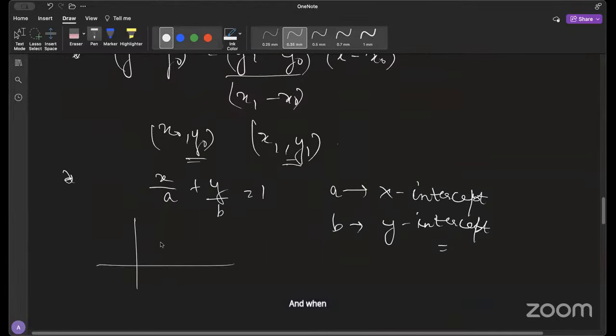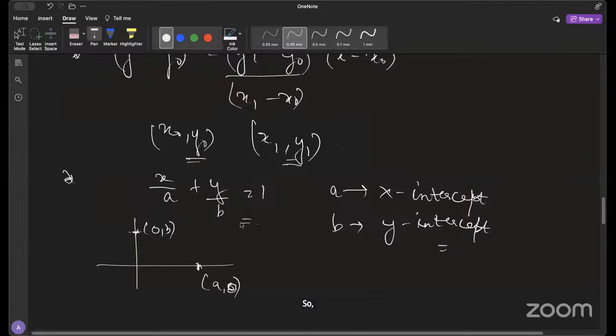When your x-intercept and y-intercept are known, let's say this and this, then also you know 2 points. Now you know that the line passes through these 2 points, and 2 points are sufficient to identify the line. This is the intercept form, where the x-intercept is (a, 0) and the y-intercept is (0, b).